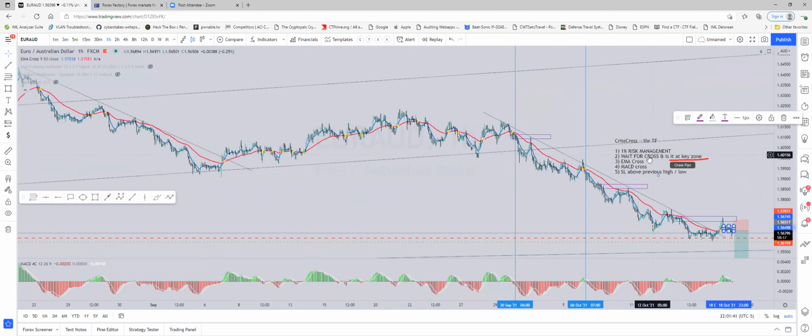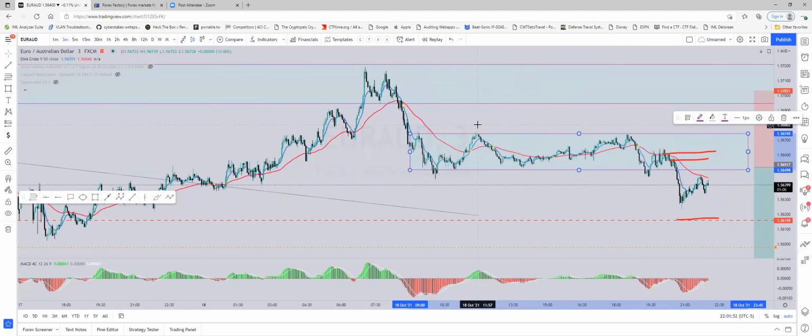Went for a cross at a key zone. Was it at a key zone? Yes, it was. Okay. Did the EMA cross? Yes. Did the MACD cross? You had an MACD cross, which we know is a retail trader's baby right there to give us a sell.